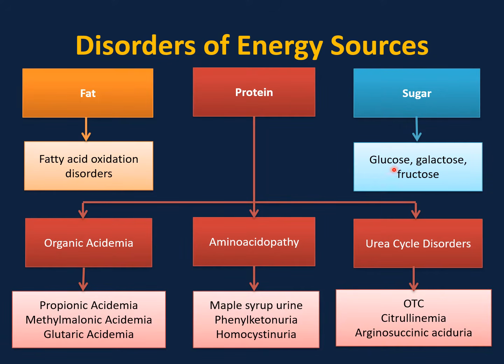In cases of sugar, you may have a problem with glucose metabolism, like cases of hyperinsulinemia; galactose, like cases of galactosemia; fructose, like cases of fructosuria. In cases of protein, there are three major classifications according to the presentation: urea cycle disorders, like in cases of OTC or ornithine transcarbamylase deficiency, citrullinemia, argininosuccinic aciduria.